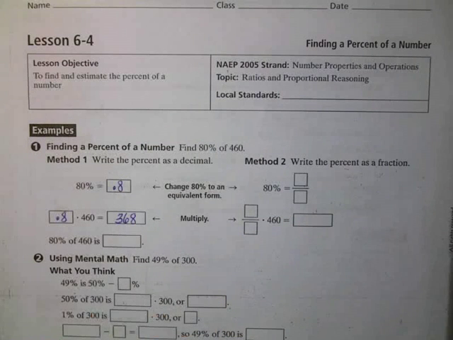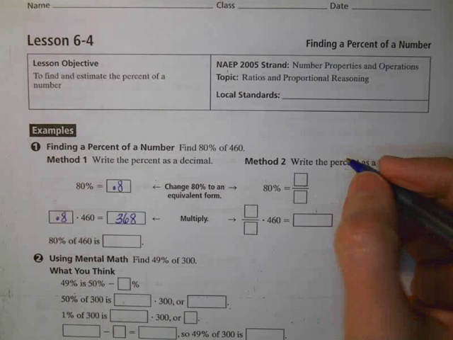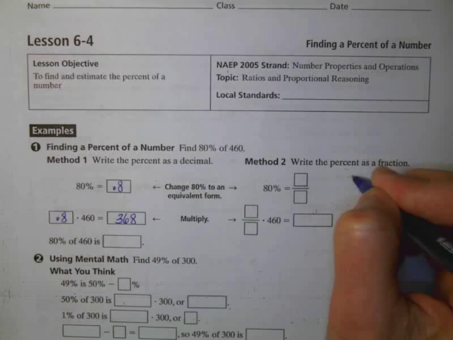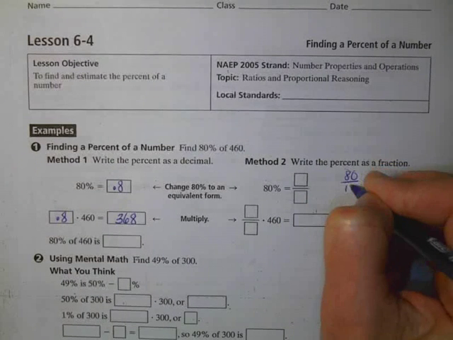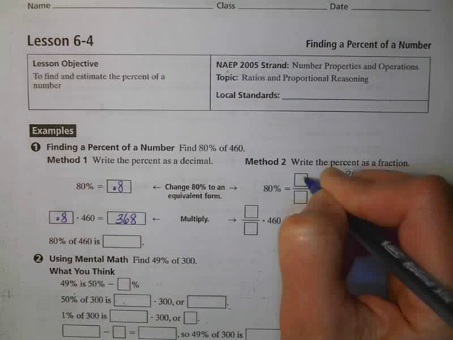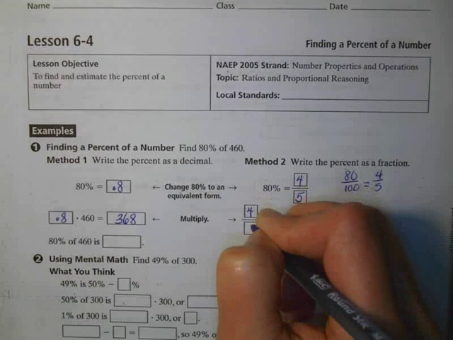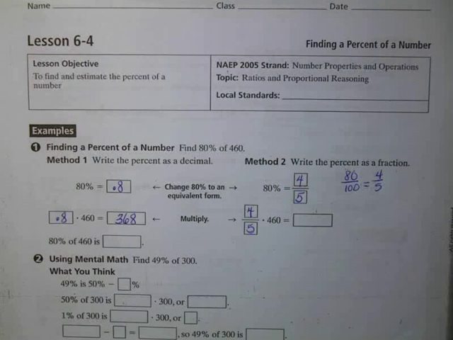Okay. Method number 2 is writing the percent as a fraction. What I can do here, 80%, remember, is 80 over 100. I'm going to divide each of those by 20 and use the fraction 4/5. You could also use 8/10 if you'd like.